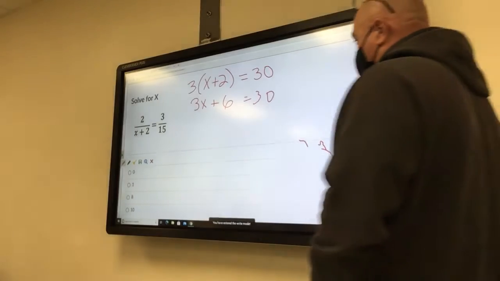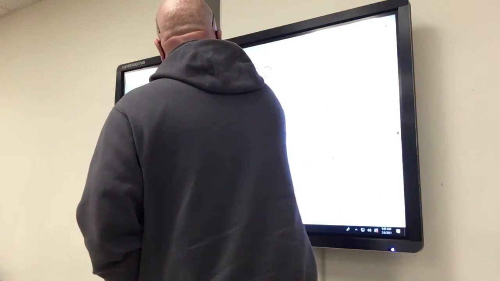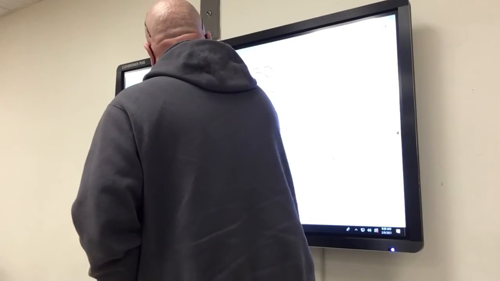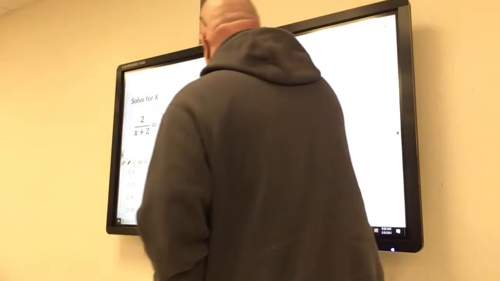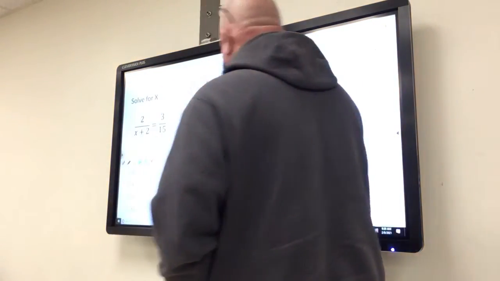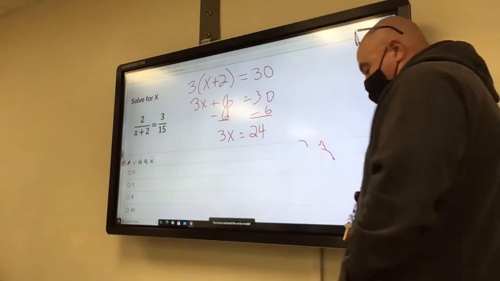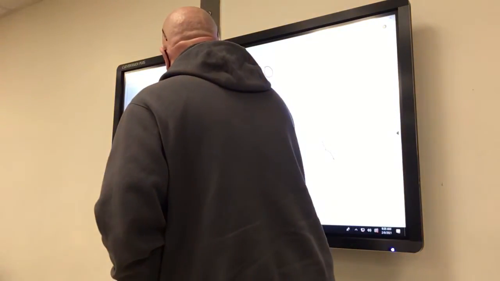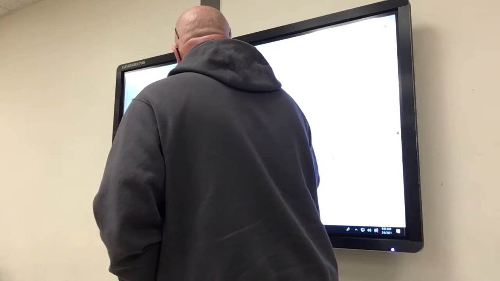I subtract it. Very good. Minus 6, minus 6. That's gone. That gives me 3x equals 30 minus 6, which is 24. Now I've got to get rid of that 3. How do you get rid of that 3? You divide. Divide by 3, and x equals 8.